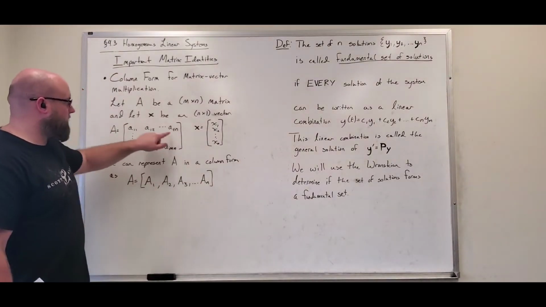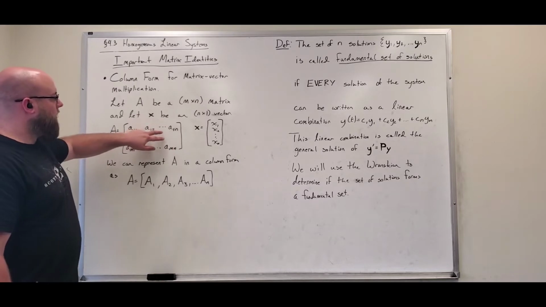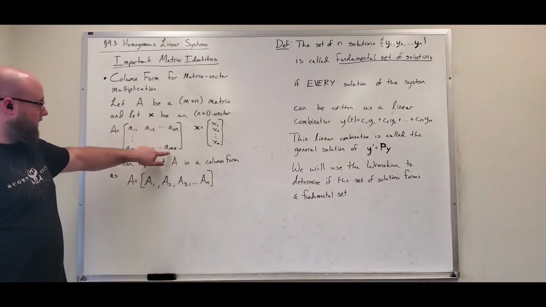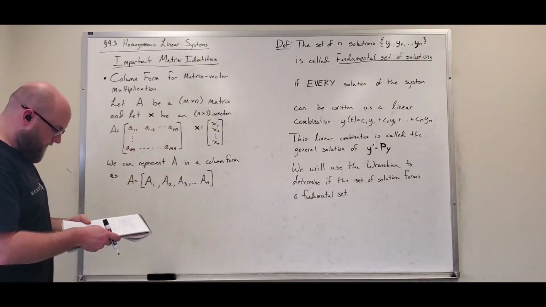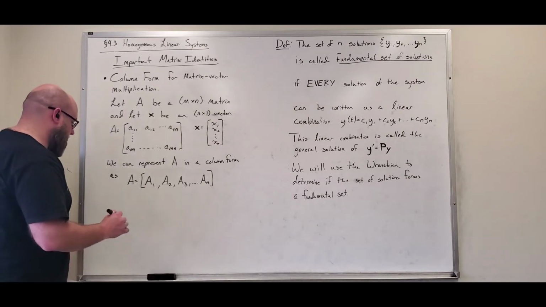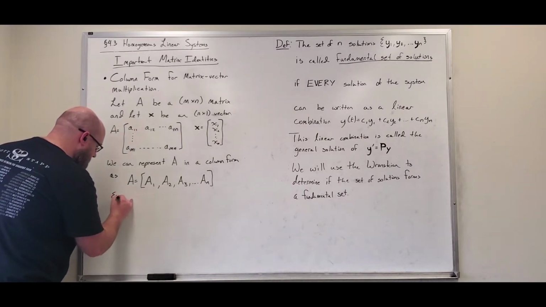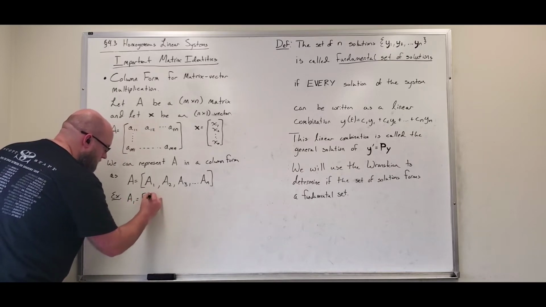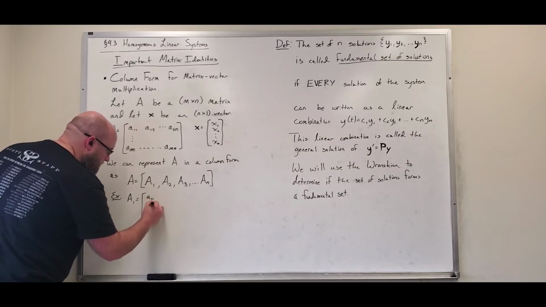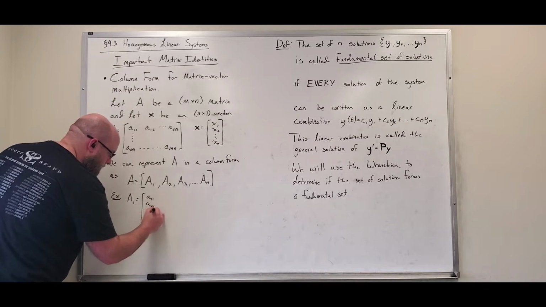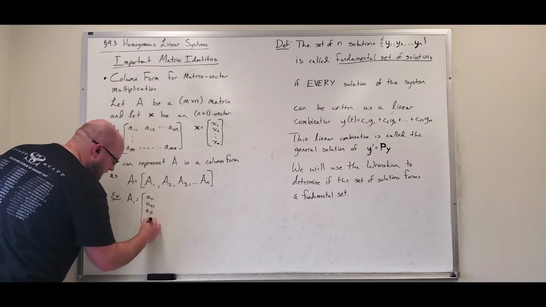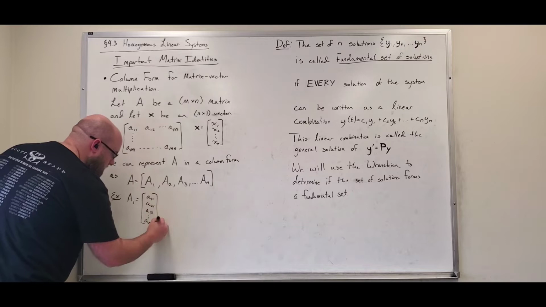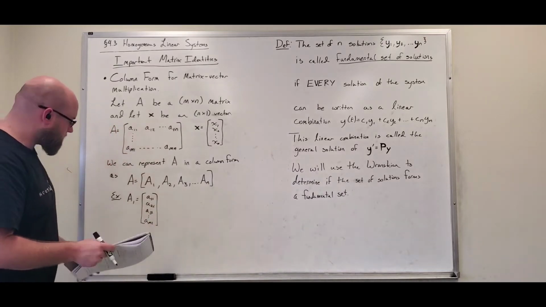A sub n is A1n, A2n, A3n, up to Amn for that part. Okay, and again, just to have an example, A1 is equal to A11, A21, A31, up to Am1. That's what that looks like.